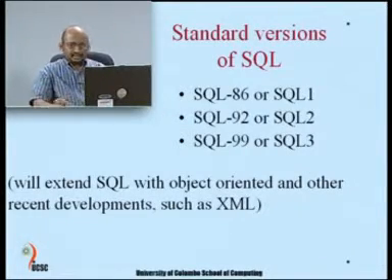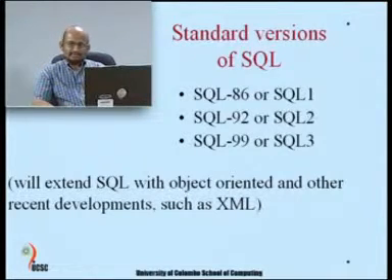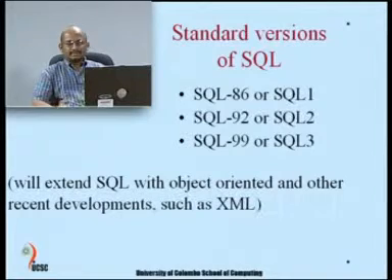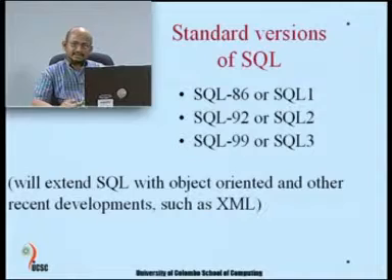As mentioned, the three versions of SQL that have evolved are SQL 1, 2 and 3, which were originally introduced in 86, 92 and 99, but in between there are other releases with certain enhancements. For example, the recent enhancements include how to deal with certain object oriented features, like how to define your own data types and user defined domains, which were not thought of in the early stages.